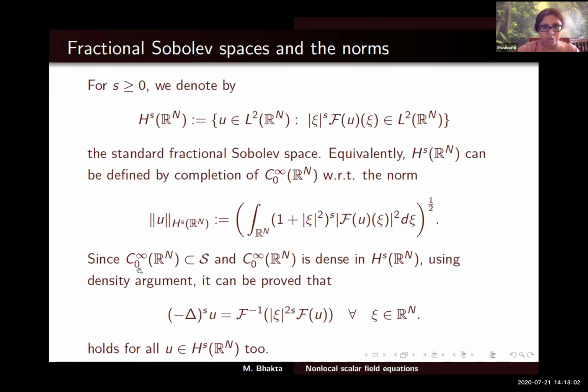Since C_0^∞ functions are in the Schwartz space and C_0^∞ is dense in H^s(R^n), using a density argument one can show that the definition I first wrote for the fractional Laplacian on Schwartz functions holds for any u in H^s(R^n). So we can extend it to the fractional Sobolev space.